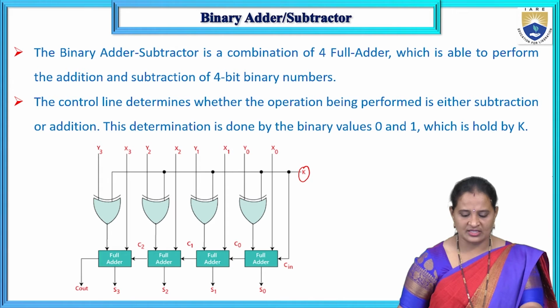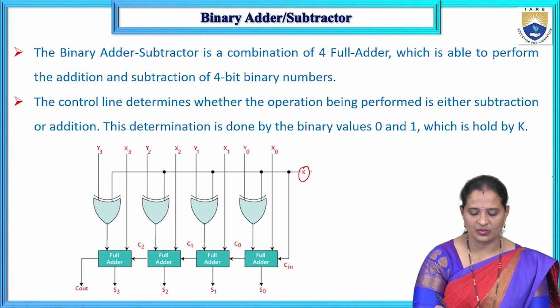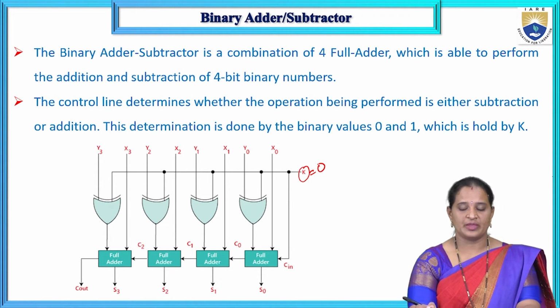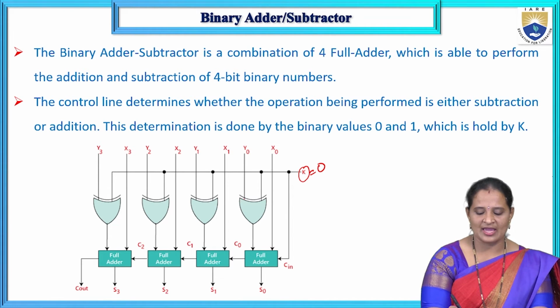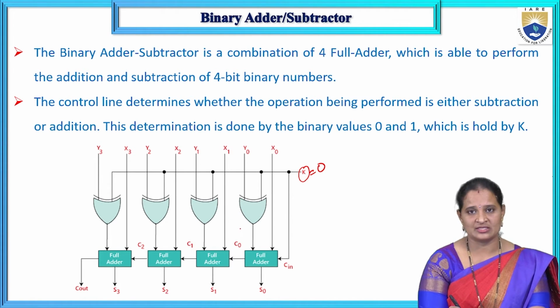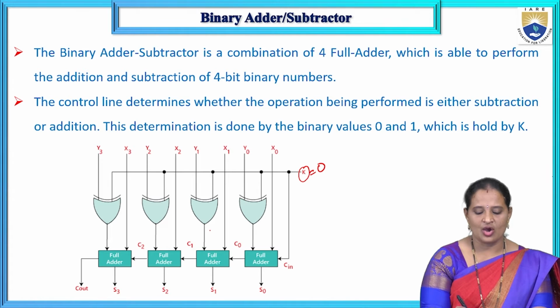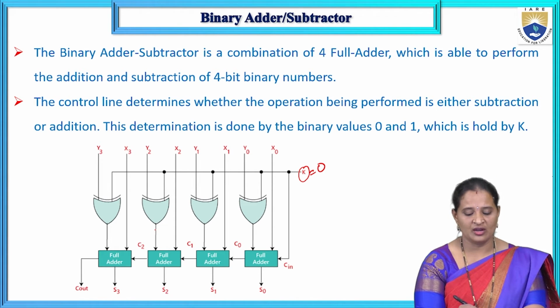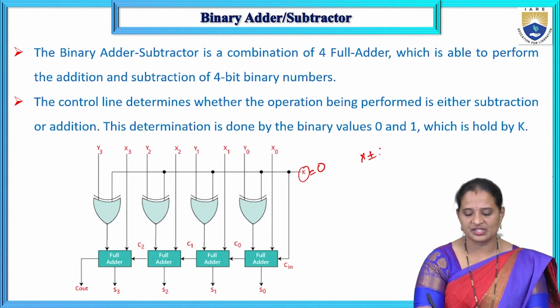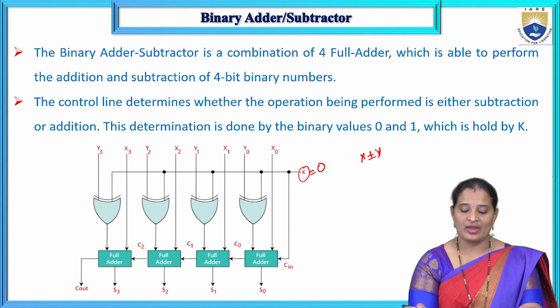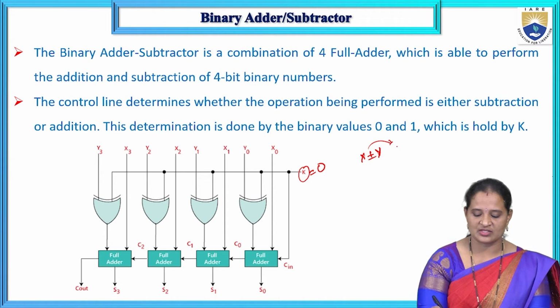So how can we decide the operation? Along with the full adders, I can have XOR gates. The XOR gate is applied to input y here. So now I can perform the operation x plus or minus y: x plus y at one time, and x minus y at another.